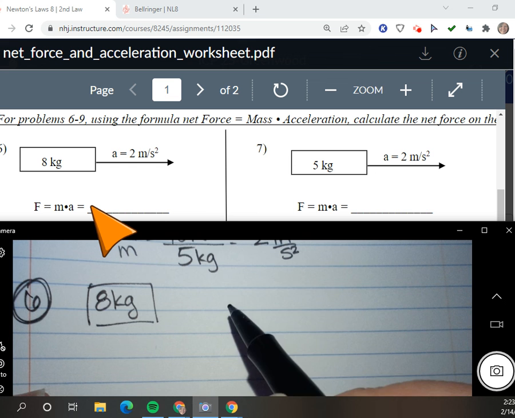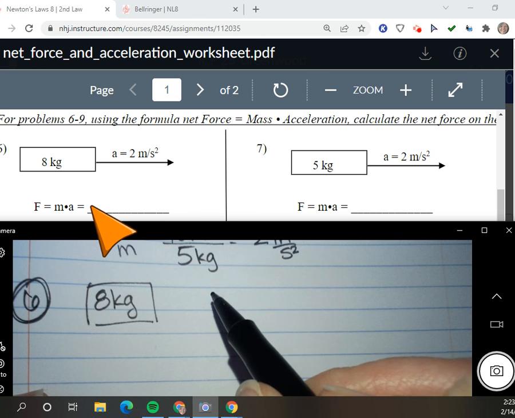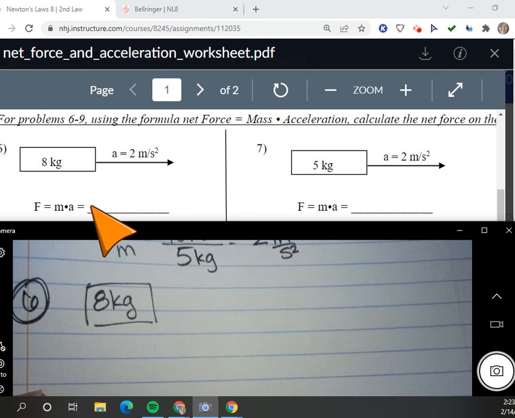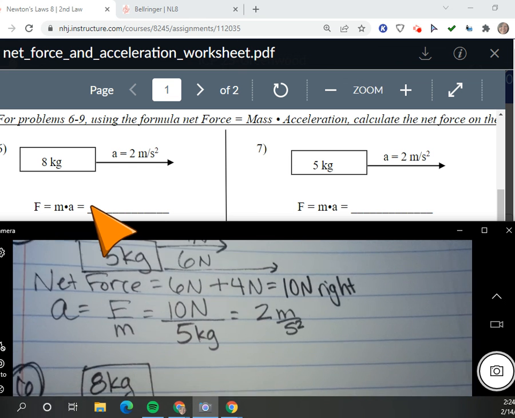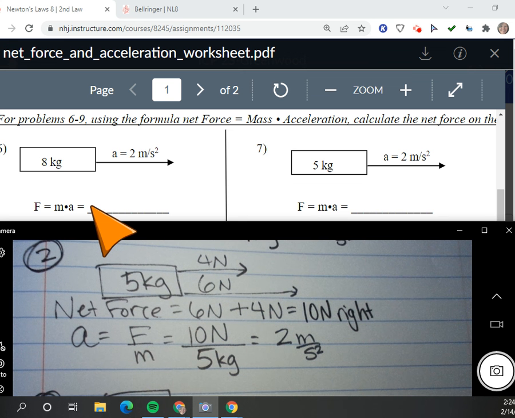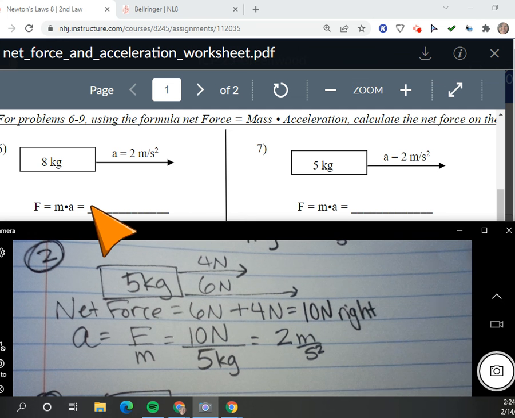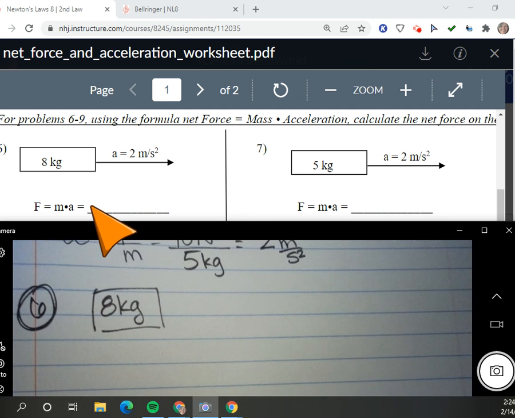We have this box. All right, so we have our object.